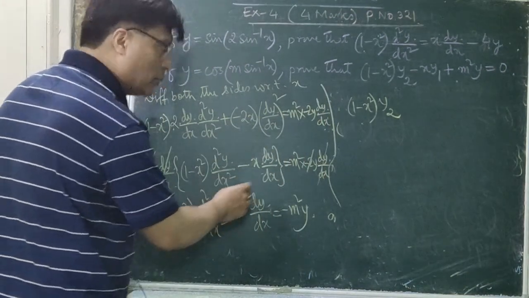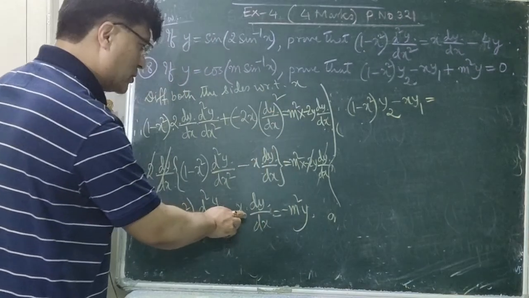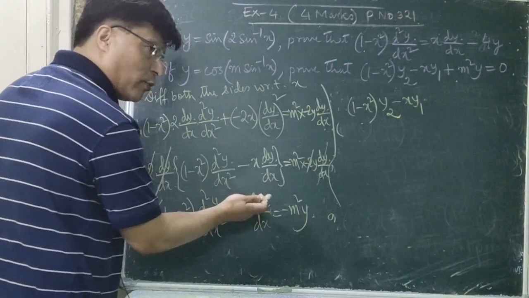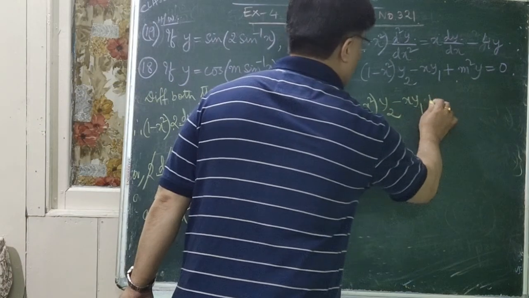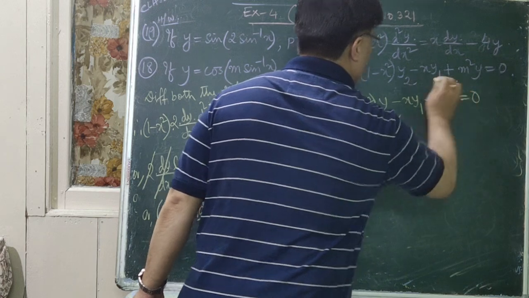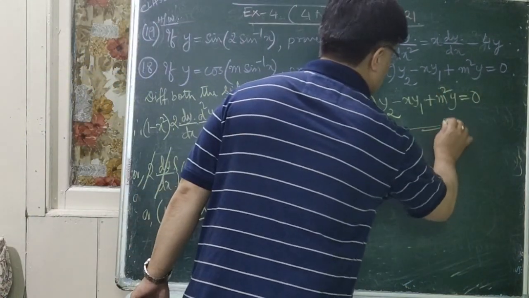Minus x y1, which is equal to, you can take minus m square y to the left hand side. So it becomes plus m square y is equal to 0. So we have got the answer, right? So it is done, proved.